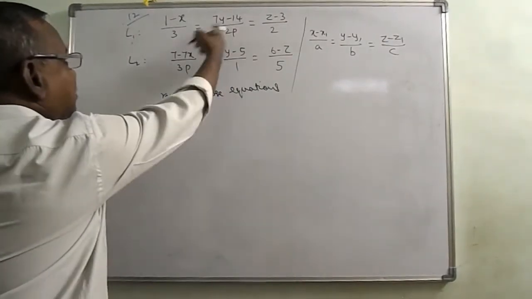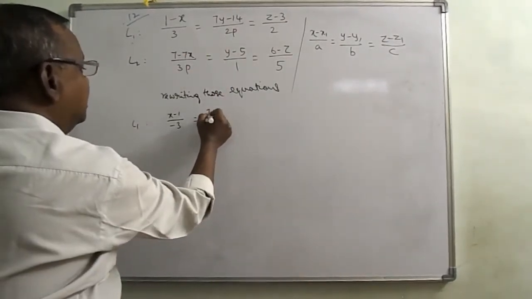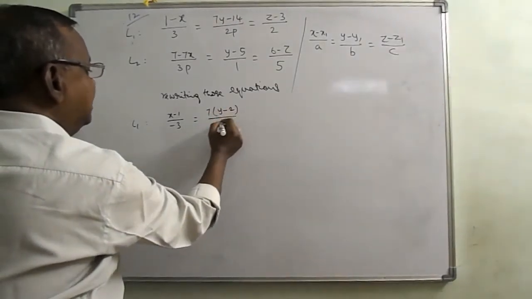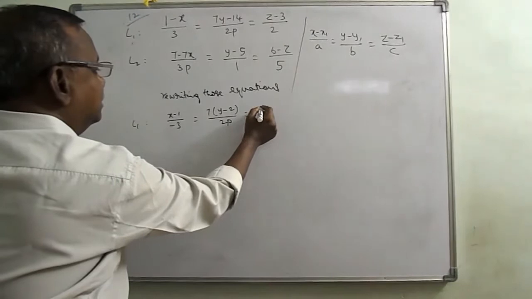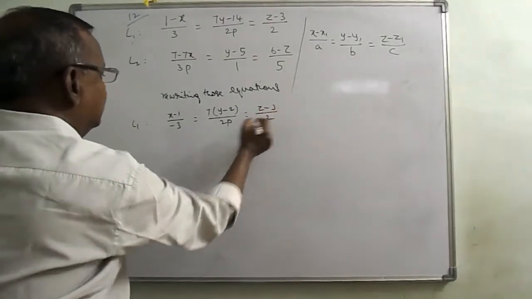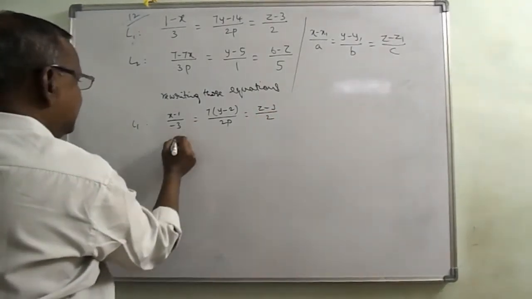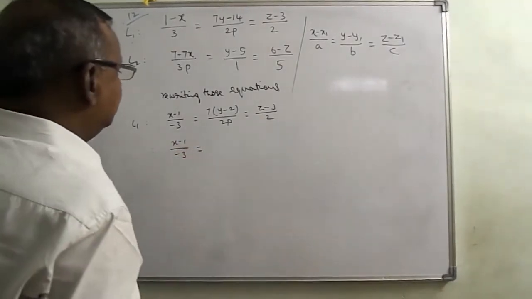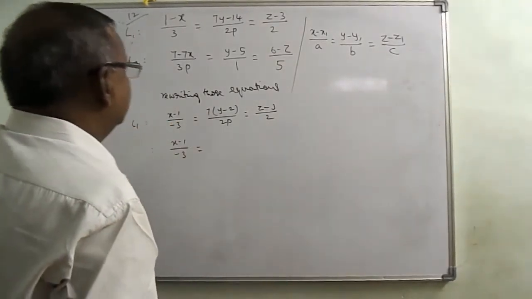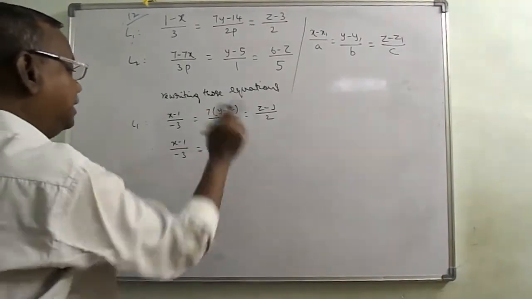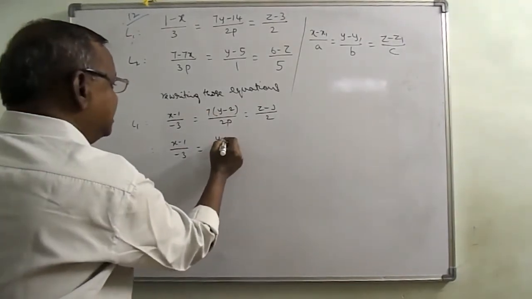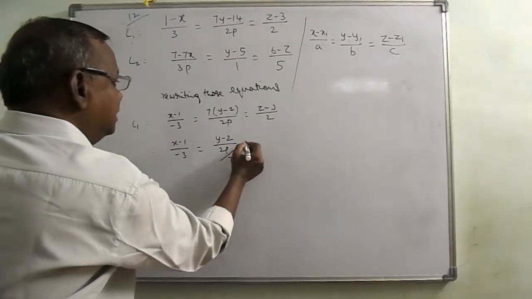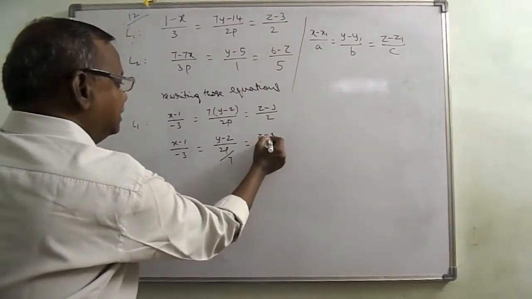Again, taking out 7 as common, 7 into (y minus 2) divided by 2p equal to (z minus 3) by 2, which can be written as (x minus 1) by minus 3 equal to, bring the 7 to the denominator, the numerator becomes the denominator of the denominator. Accordingly, it is (y minus 2) divided by 2p by 7 equal to (z minus 3) by 2.